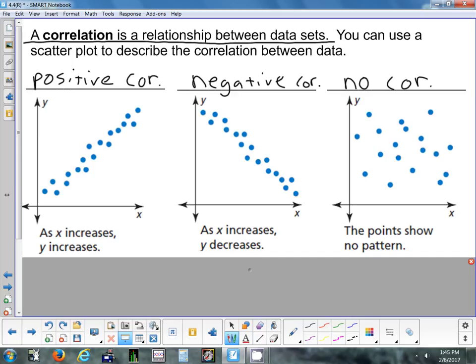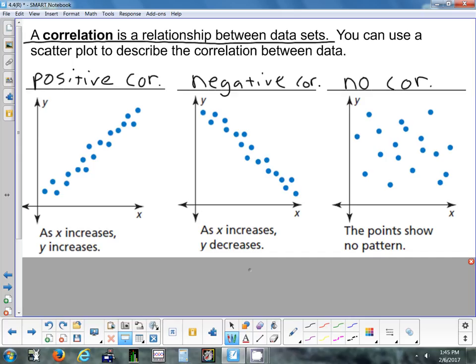Like going shopping and money, like you're spending the money. Okay, so maybe the more hours you spend shopping, the amount of money you have goes down, on average. As the shopping time increases, the amount of money in your wallet decreases. Okay, so that could be a correlation.